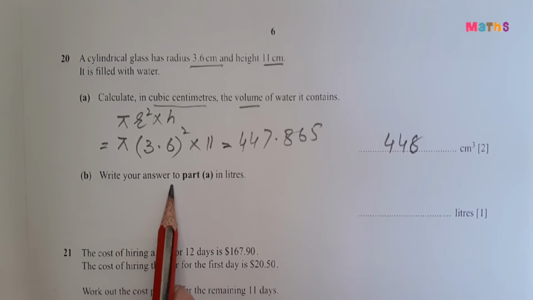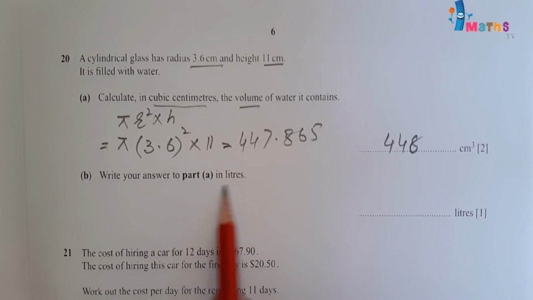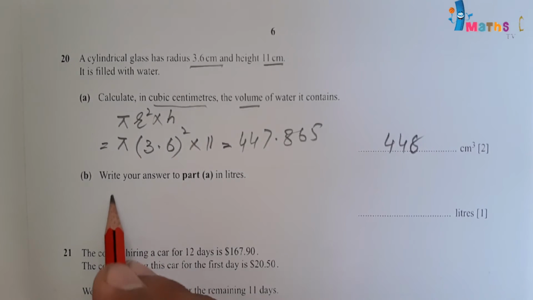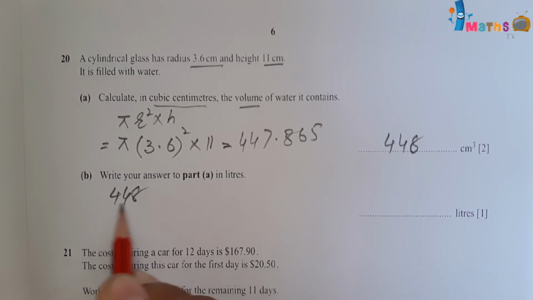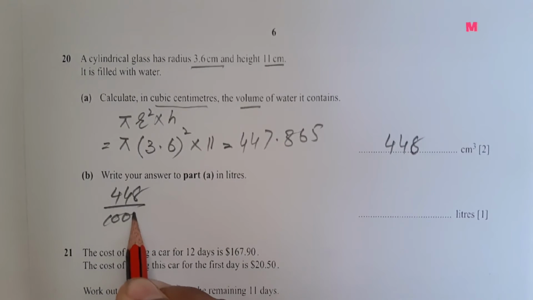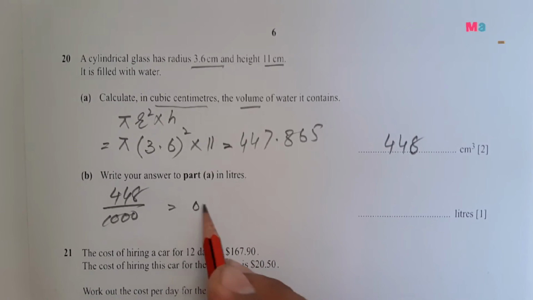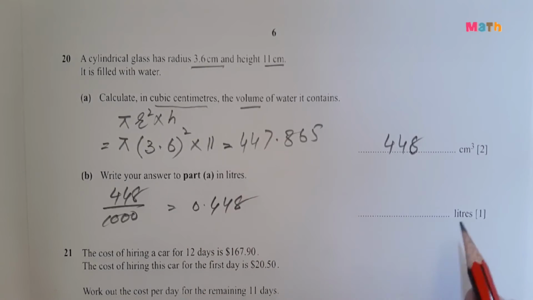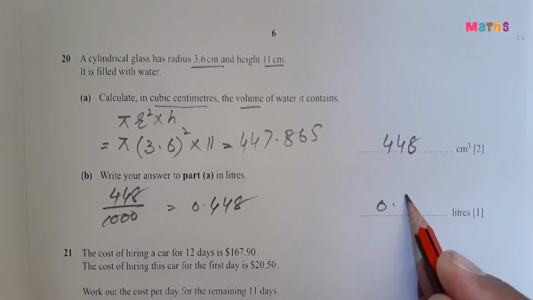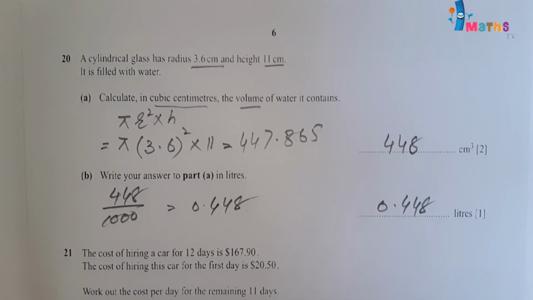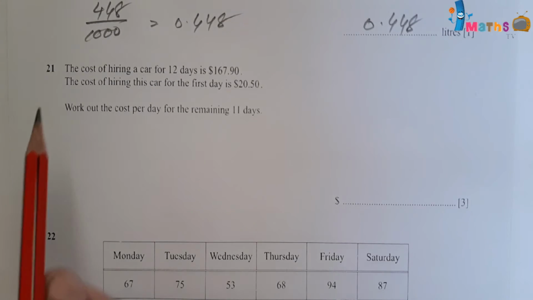Write your answer to part A in liters. So they need it in liters, so 448 divided by 1000 will be equal to 0.448. So our answer will be 0.448 liters.